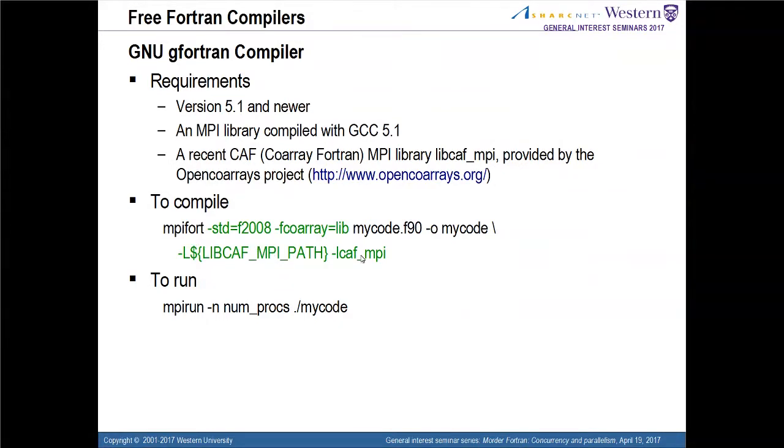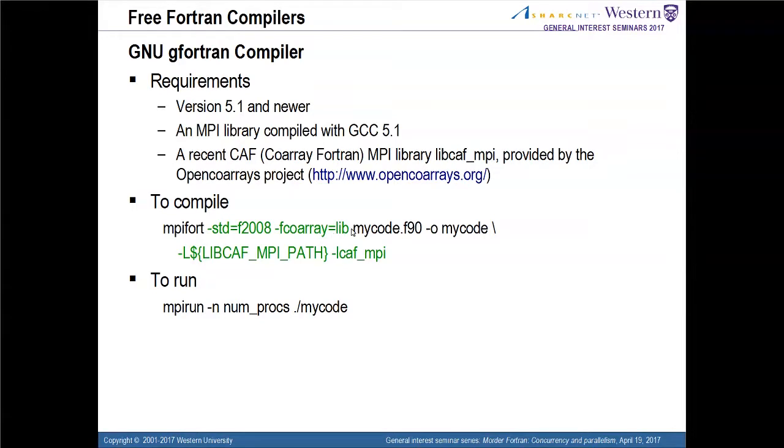You need MPI to compile the Fortran program using Coarray, with an option here, the option -fcoarray=lib. This is a GCC option, and also you need to use -std=f2008.